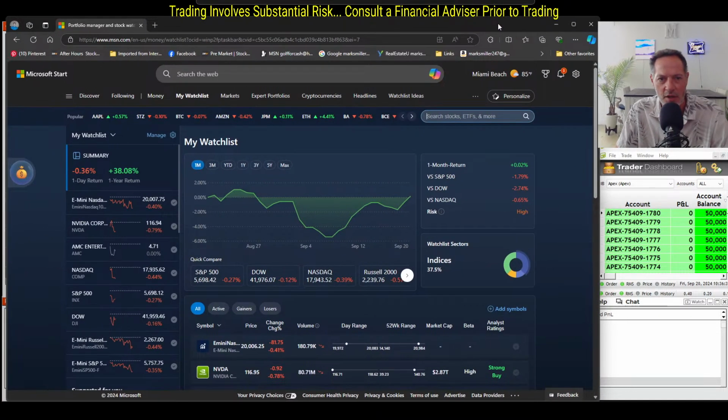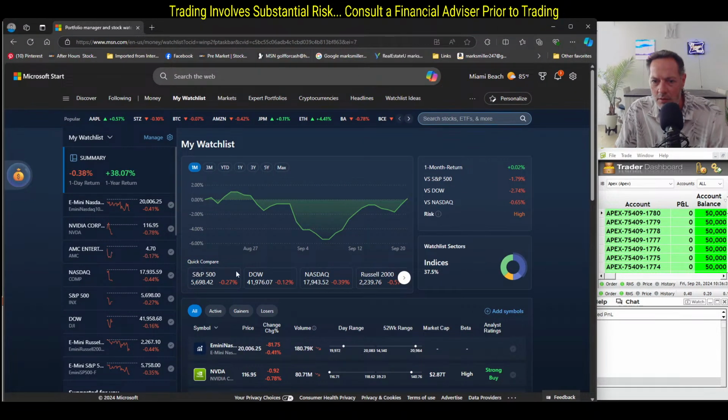Take a look at what else is going on in the world. We've got the E-mini right here, the NASDAQ. That's what we're trading, NASDAQ 100 futures. We're off about 0.4%.